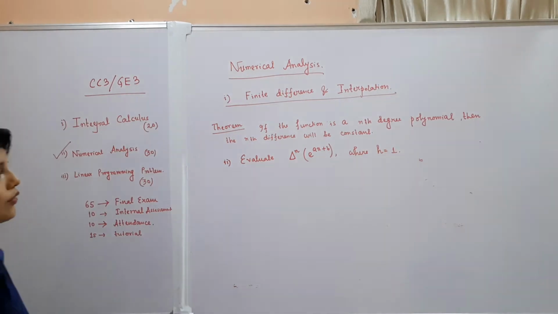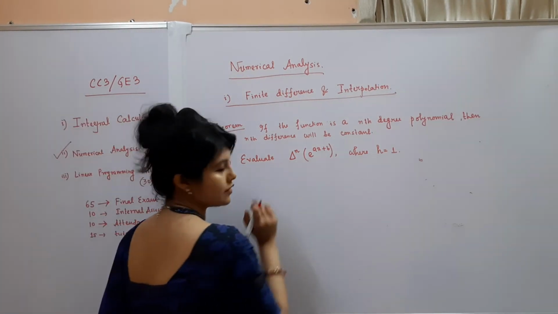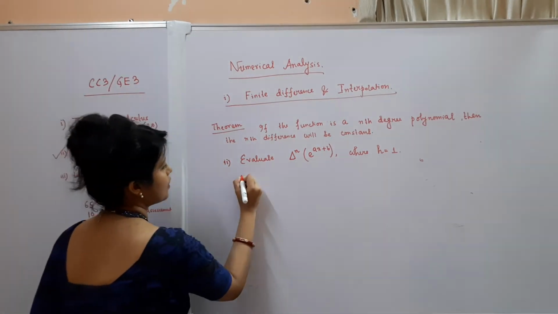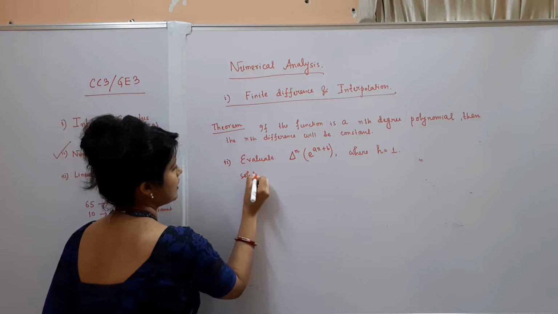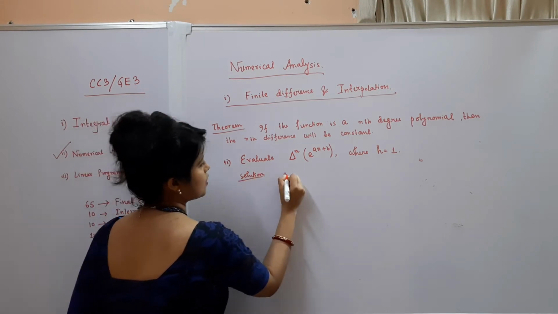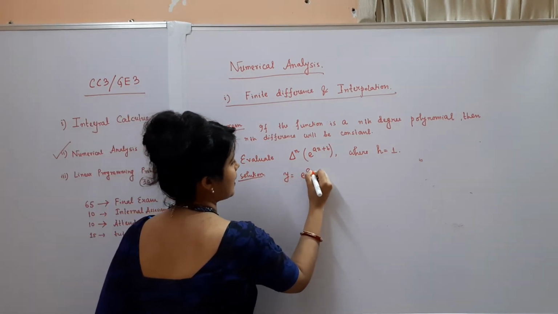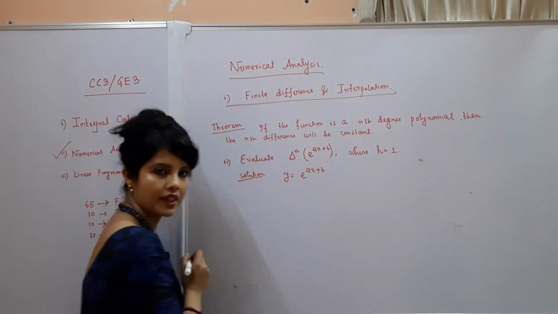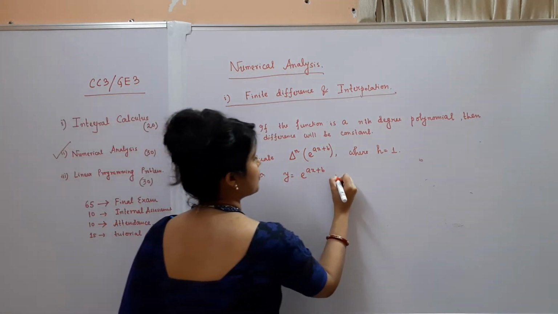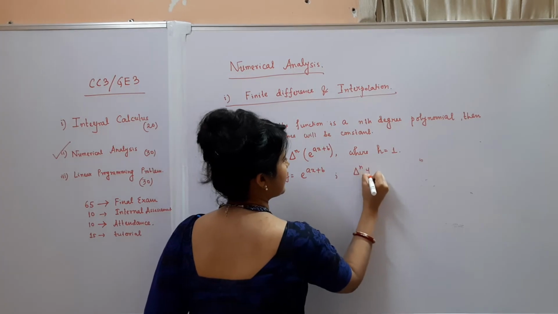So you have to evaluate the nth difference of this function. So what will be the solution? y is equal to e to the power x plus b, right? So you have to evaluate delta n y.